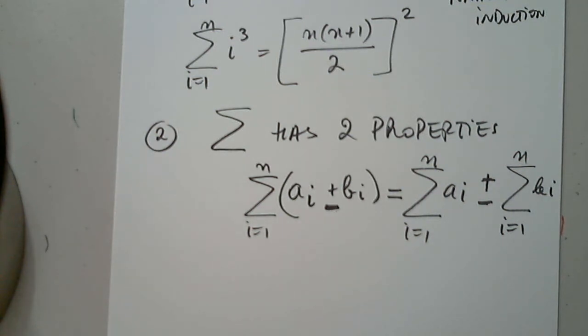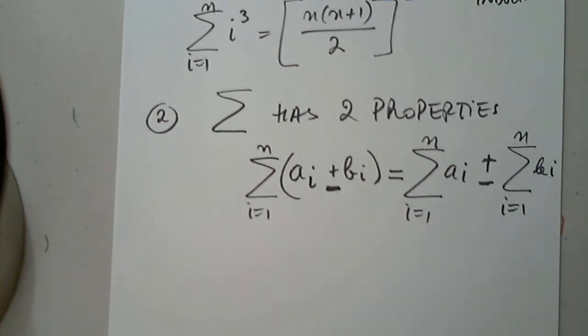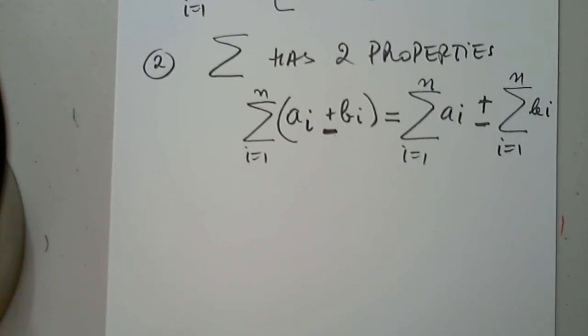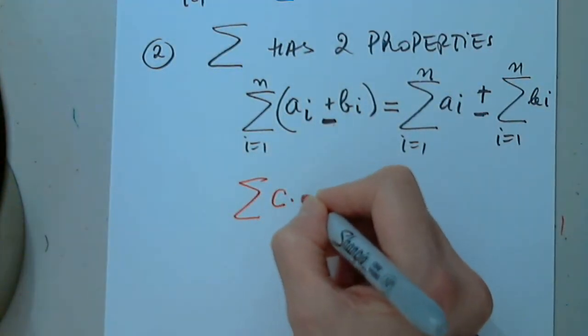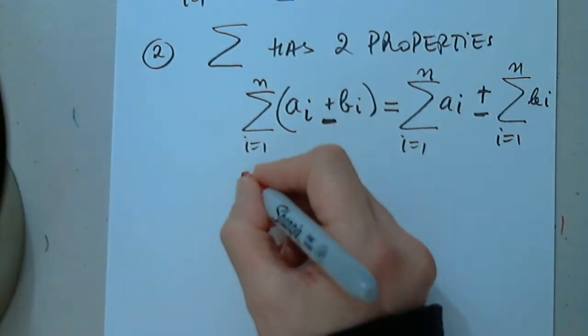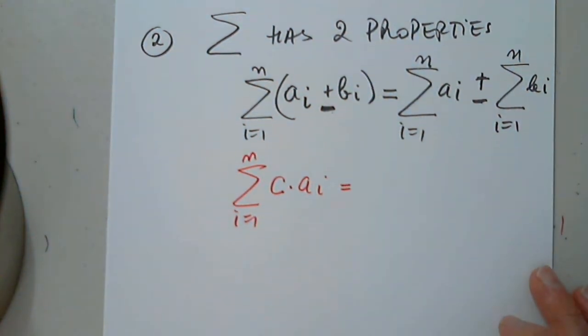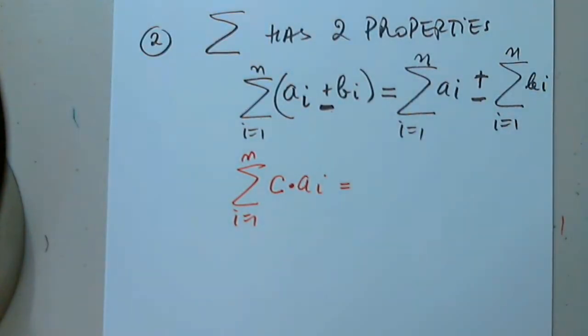And of course, the other property is the same as we had it for derivatives, the same with the limit, is the sum of a constant times a_i. Of course, what do you think will happen to the constant if it's a factor?